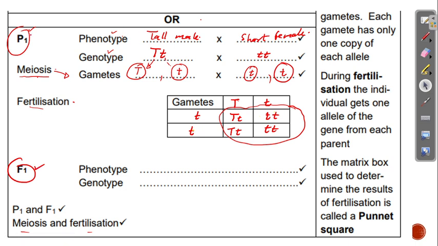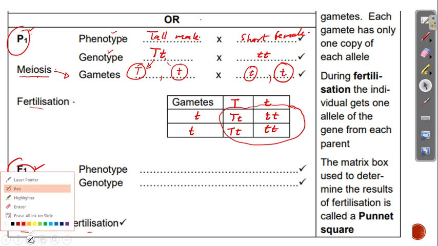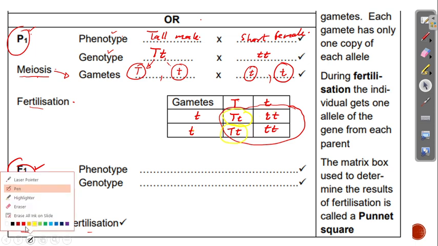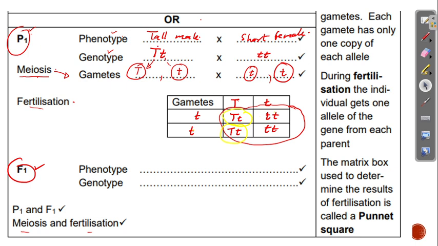So for writing F1 and P1 it is a mark, writing meiosis and fertilization is 2 marks, phenotype is 3, writing genotype is 4, so you have finished getting the marks. Then for the phenotype, you look at it: first things first, those have the exact phenotype and genotype as the father.